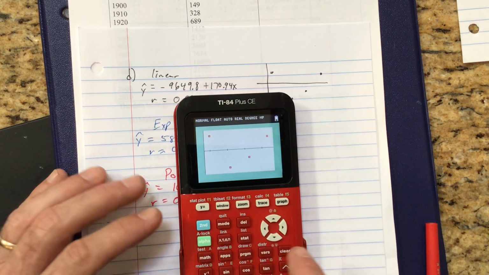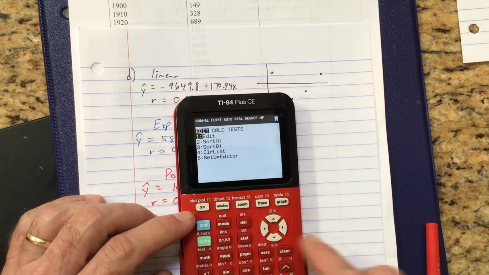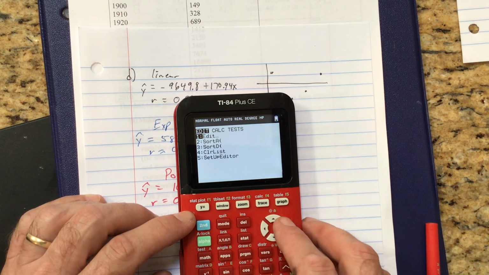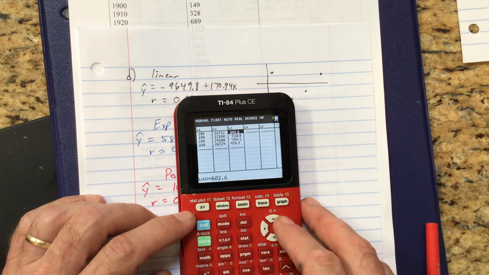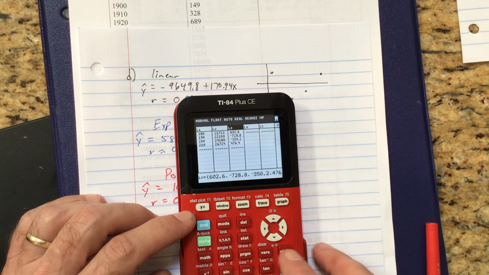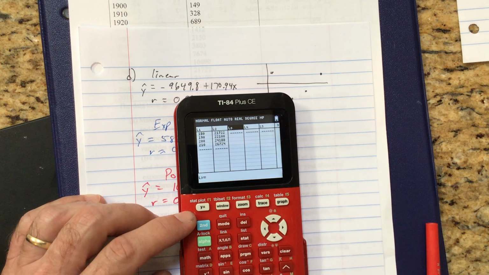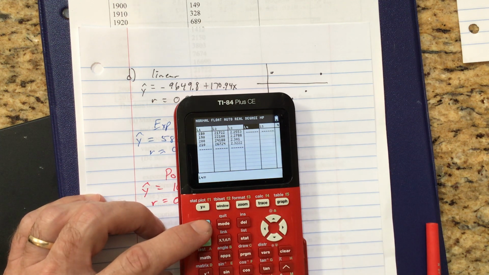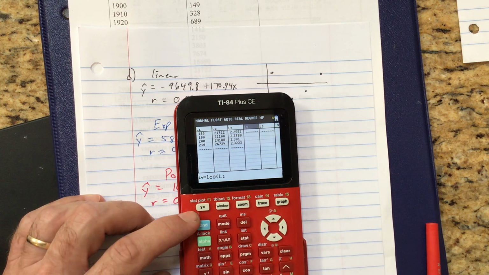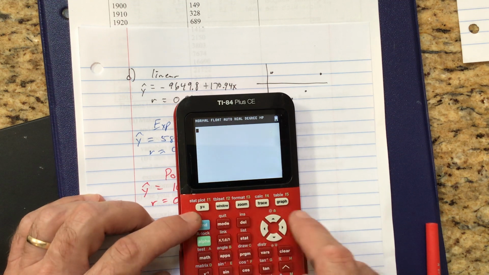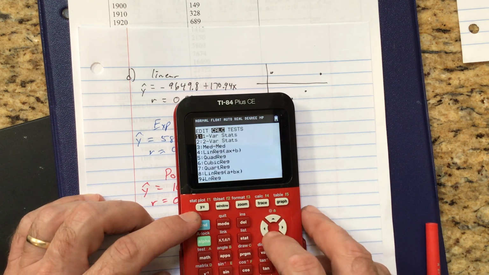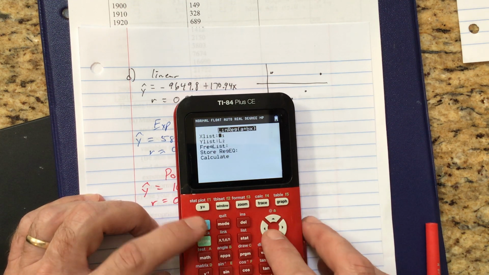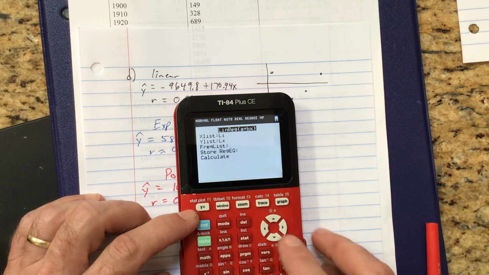All right, let's try exponential. Hopefully it's better. I'm going to have to linearize my data, so I may as well make list 3 log of x because I'm going there on the next part. And y. List 4 is my log of y.